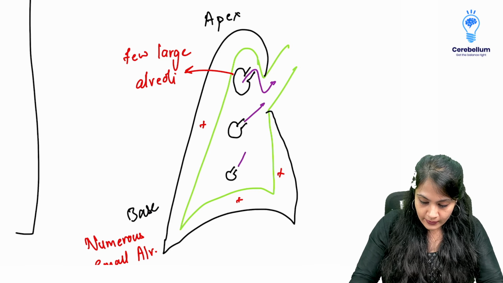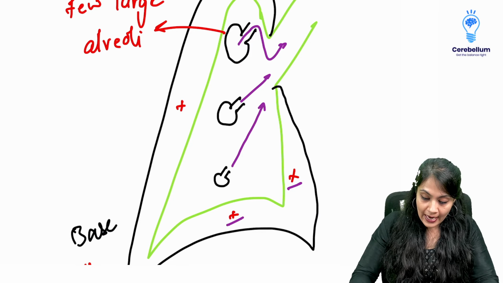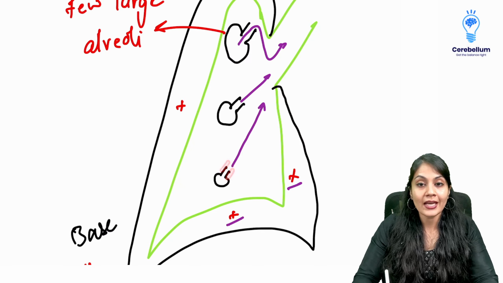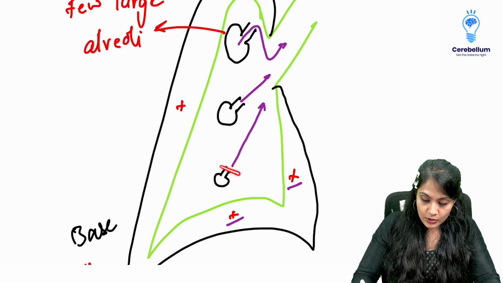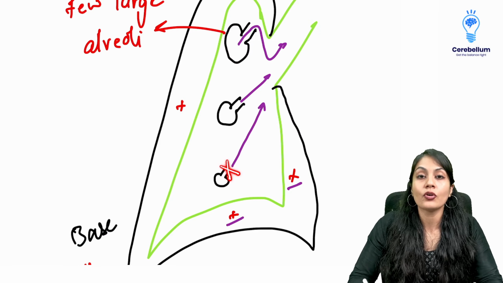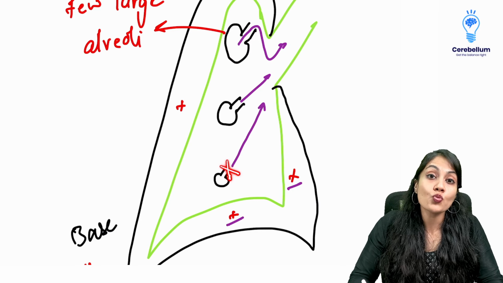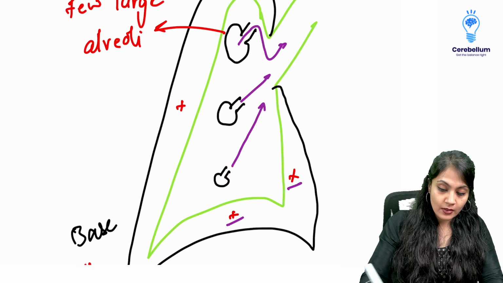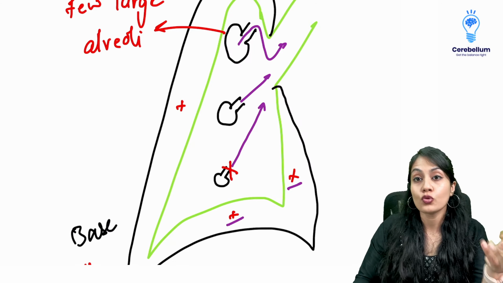The alveoli present at the bottom, the dependent part of the lung, already have a smaller airway diameter as compared to the ones on the top, right? So this positive pressure will close these alveoli first. That means the positive pressure is going to close the smaller airways first, right?